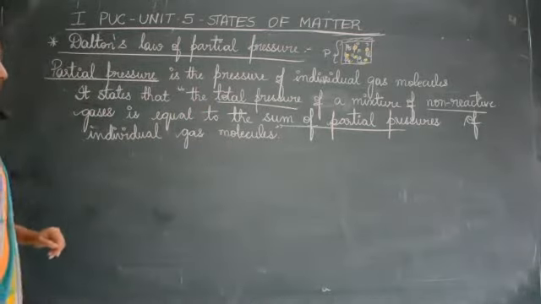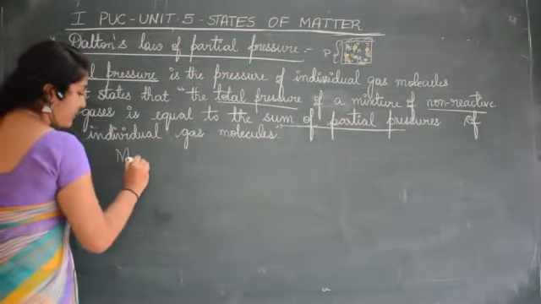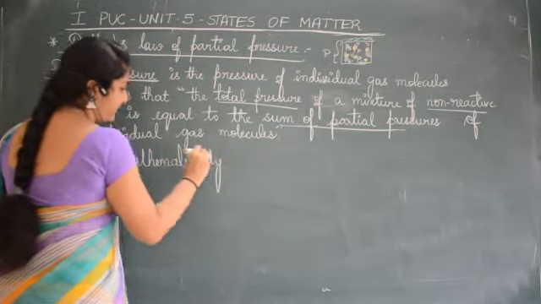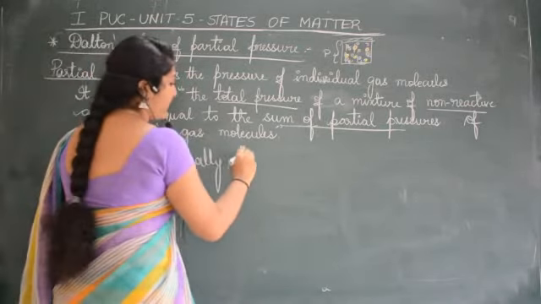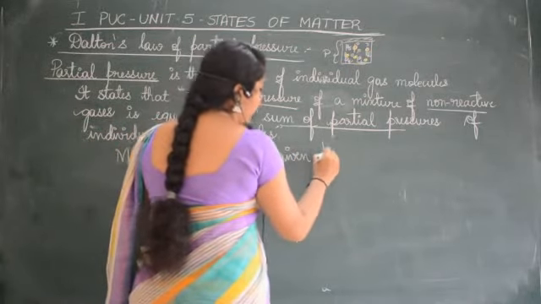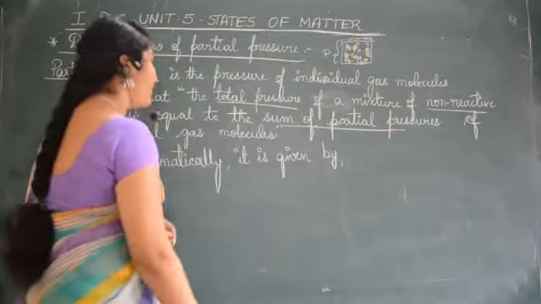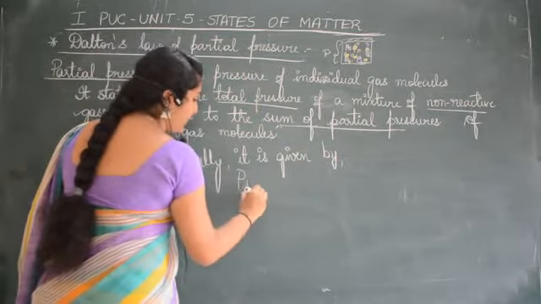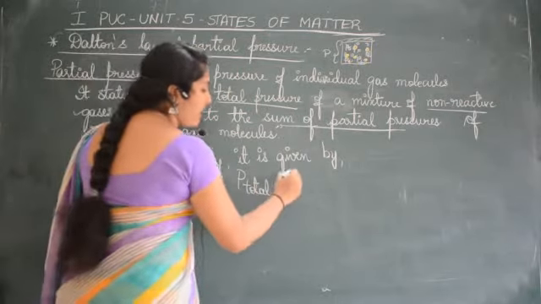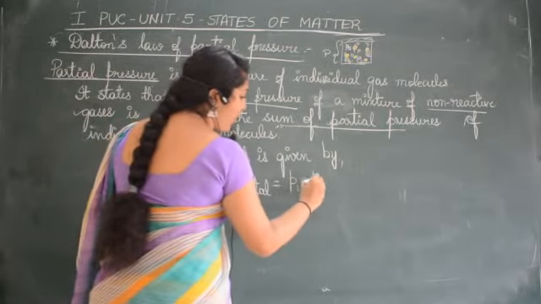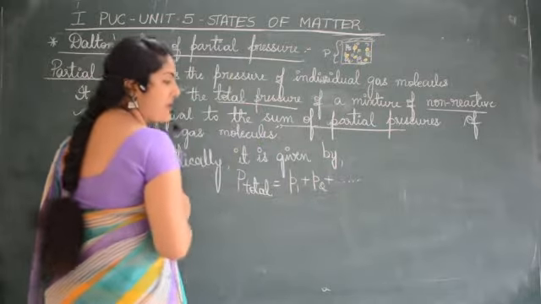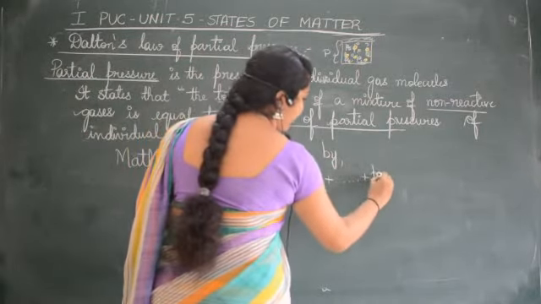Mathematically it is given by the equation P total, that means total pressure, can be calculated by taking the sum of the partial pressures of individual gas molecules, P1 plus P2 plus so on up to Pn.